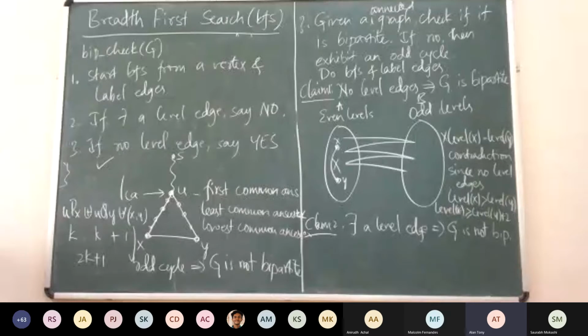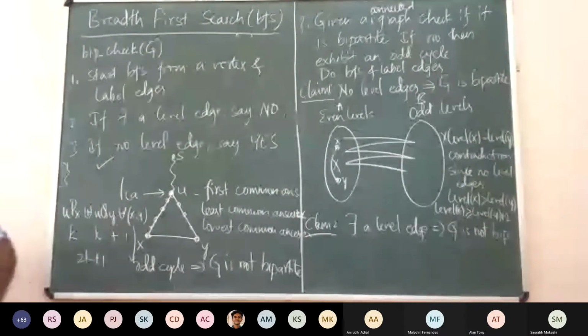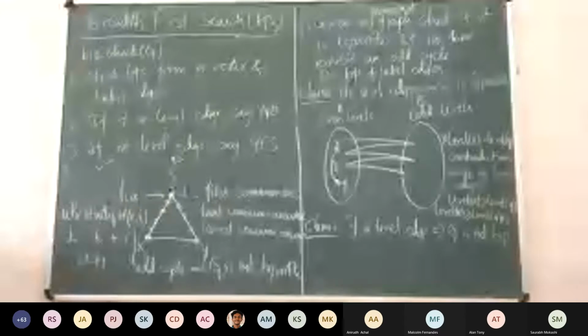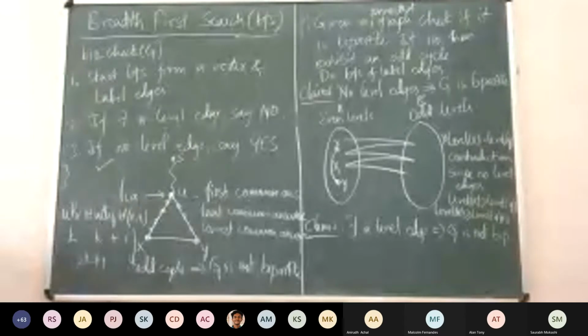If at all they were there, then they would contribute to odd cycles, right? We are not even bothered, because we have proved that a bipartition exists. So there are other edges. Will they contribute to an odd cycle? Is that possible?